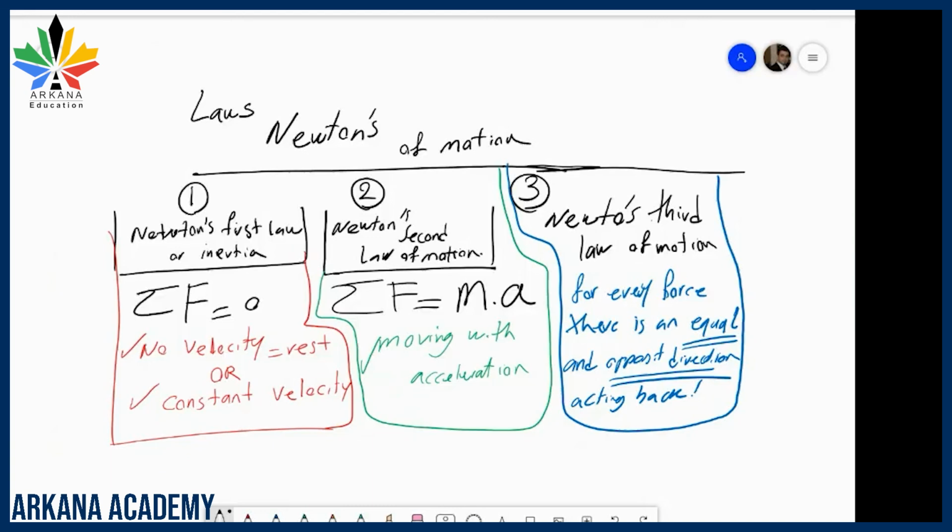Now, a little more complex example would be the force of gravity. For instance, the gravitational force between Earth and Moon, two objects in space. Earth is applying a pulling force towards Moon and keeping it in a circle around Earth. At the same time, Moon is applying the same amount of force back to Earth.